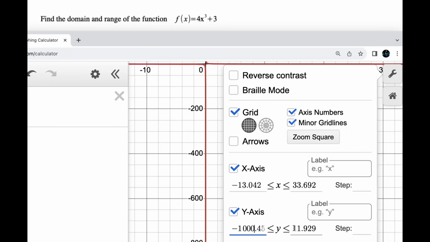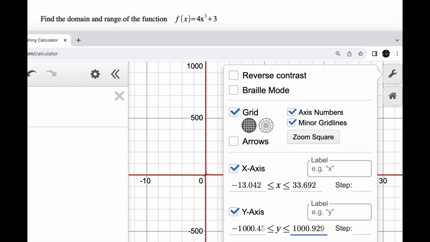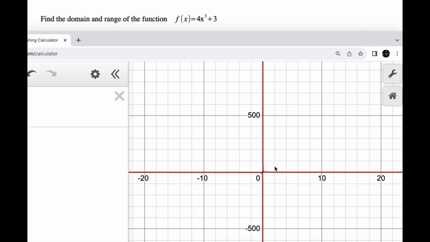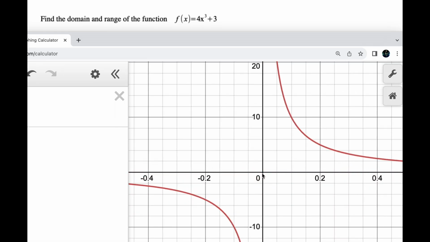So if I went from negative 1,000 to 1,000, for example, you can flatten the graph down, showing that we have graph at all x's except for where x is 0.